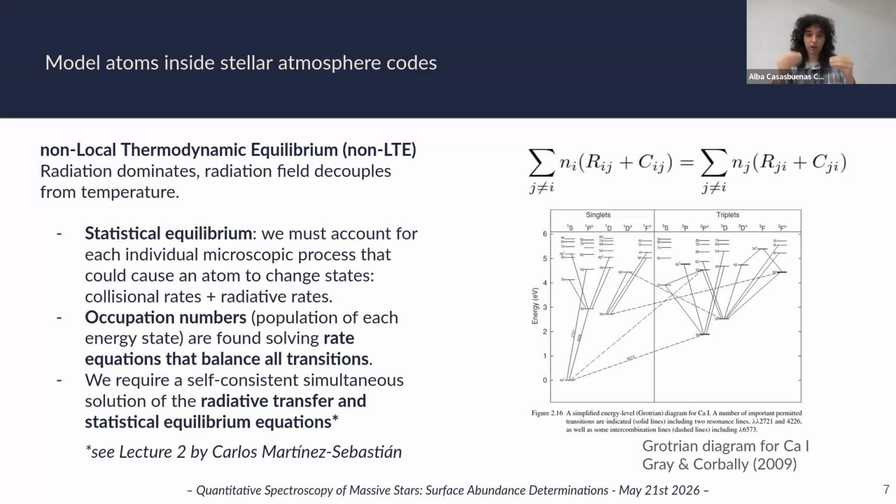But we also need to take into account the occupation number of each of the energy levels, which are affected not only by these radiative bound-bound transitions, but also by the photoionization, so radiative bound-free transitions, and all of the collisional transitions.